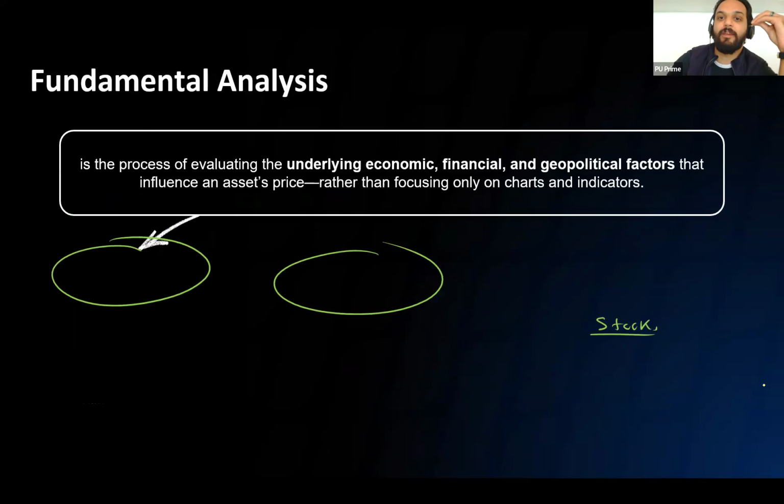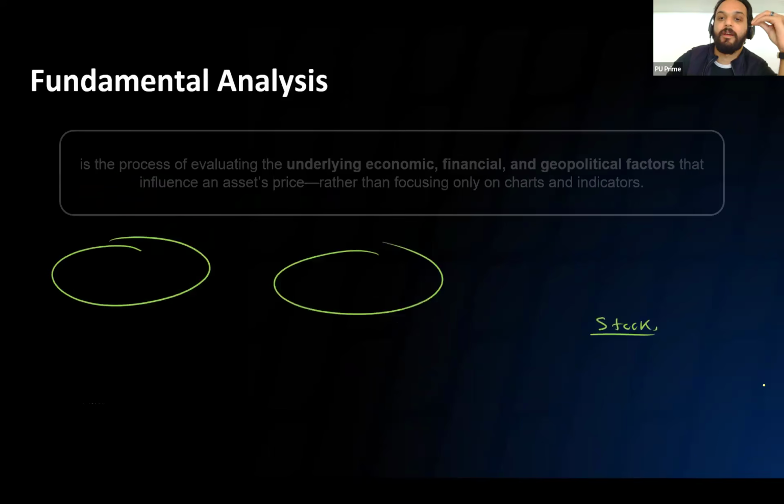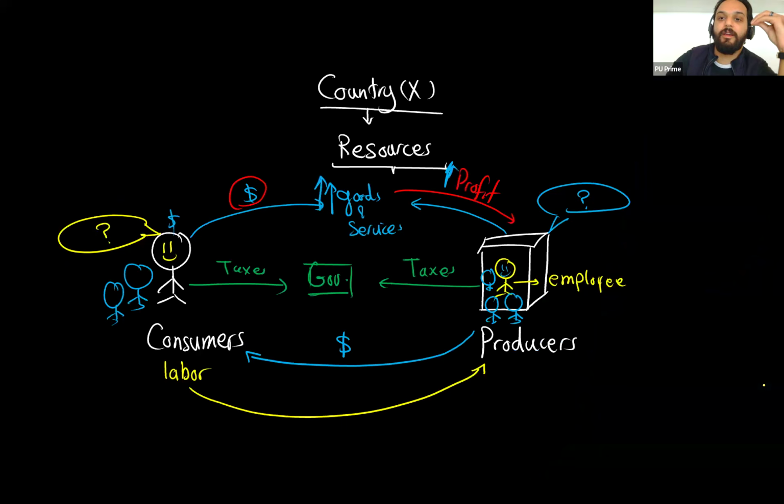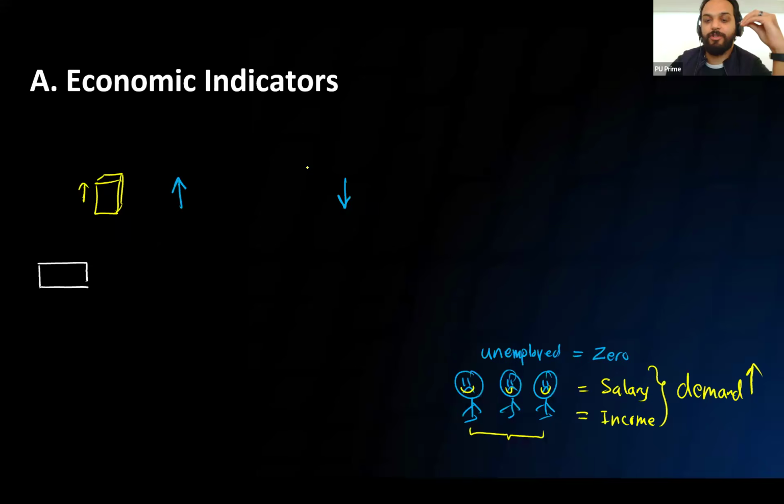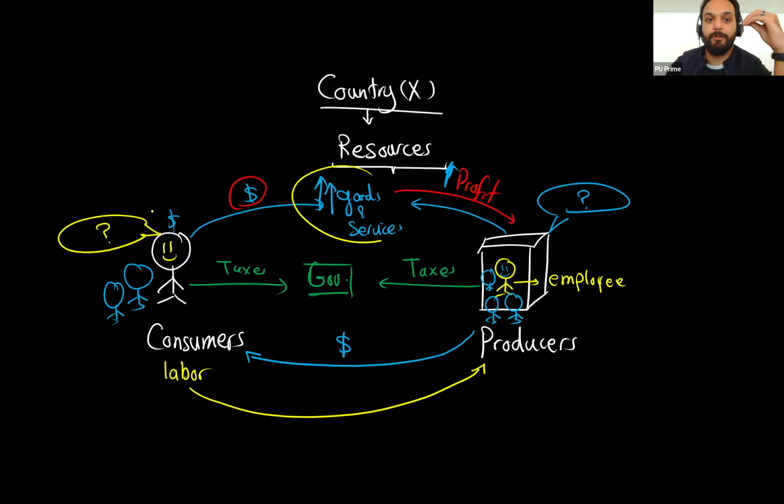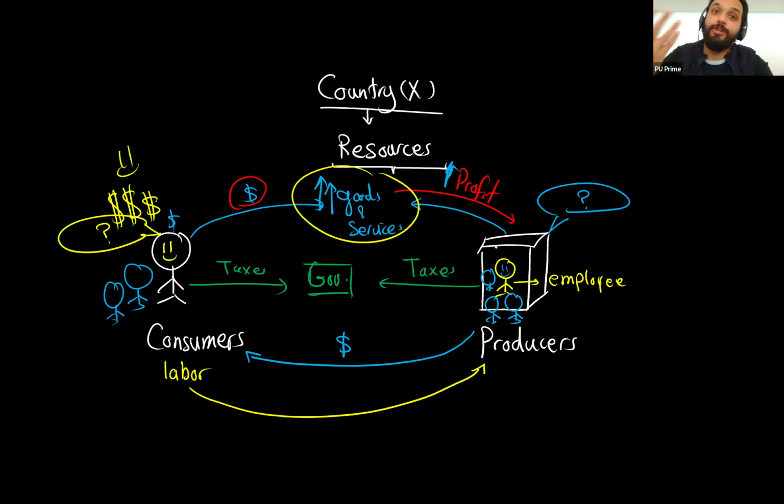If people are buying a lot of goods and services because they have a lot of money, the company would say, oh my God, people are asking a lot for our products. They like our products. We need to produce more, right? So this demand is going to lead this company to hire more people.